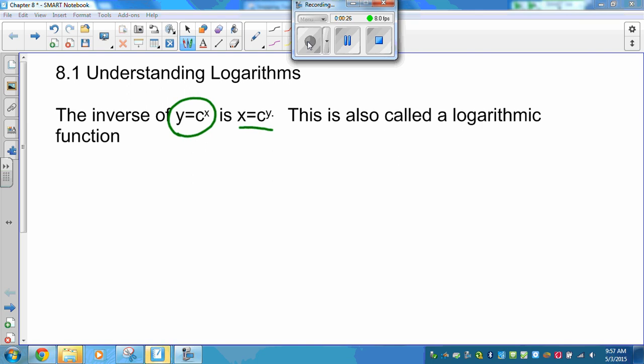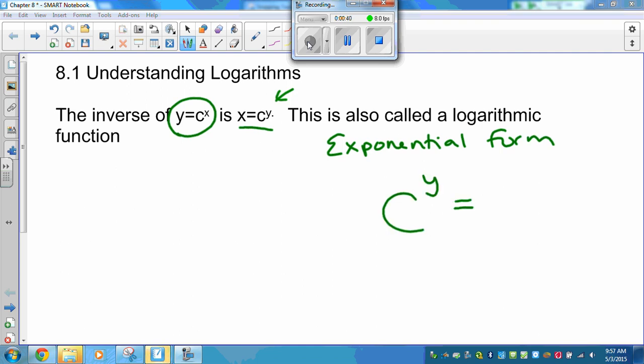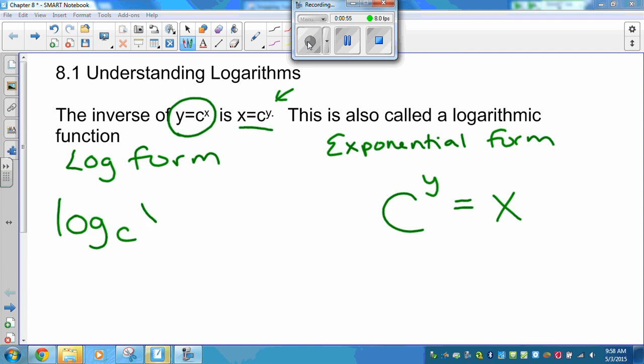And we can either write it in exponential form like this, where we go c to the y equals x, or we can write it in logarithmic form. This is how we write it in log form: log base c, the exponent goes here, equals y.